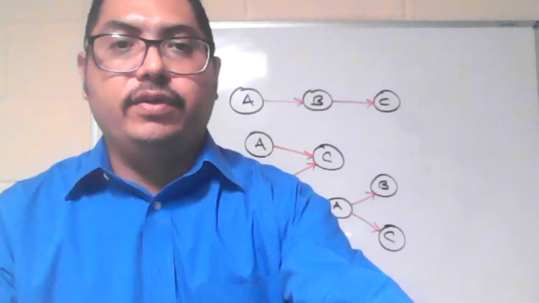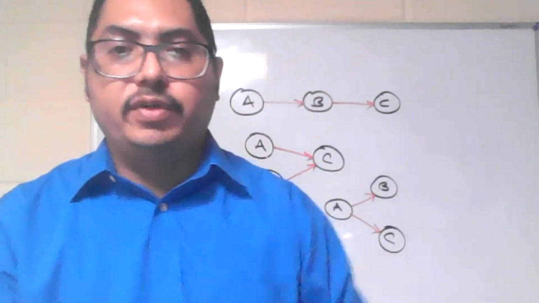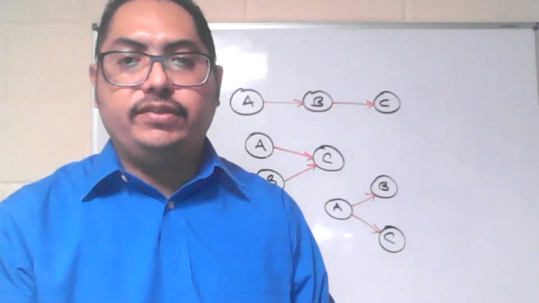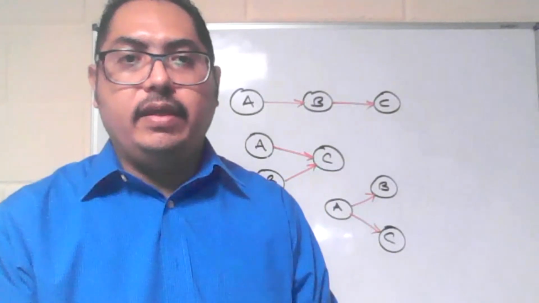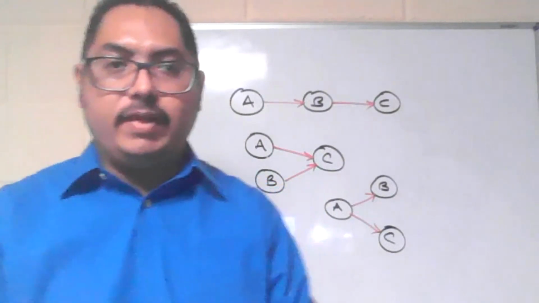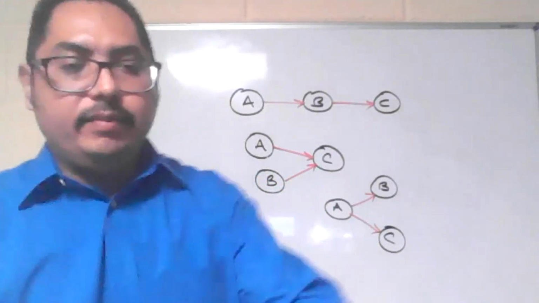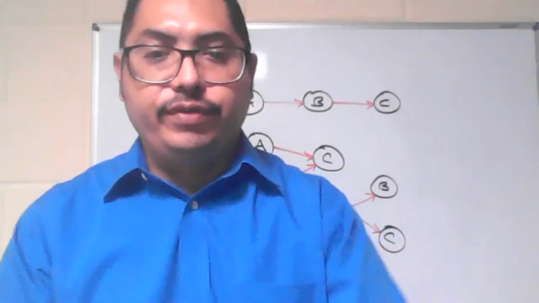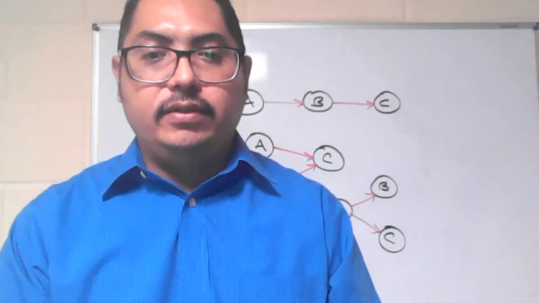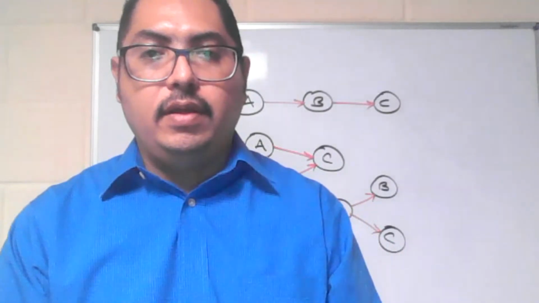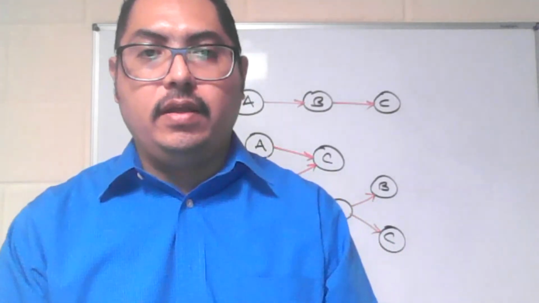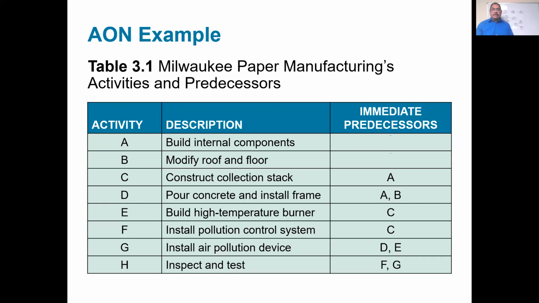If you follow in your textbook, you can find this activity. It's going to be Table 3.1. Let me share it here briefly so you can take a look. We see a table presenting several activities with their descriptions and immediate predecessors.